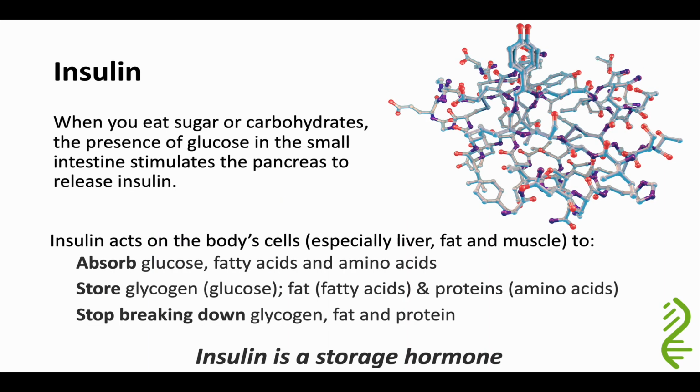And insulin, as we said, is the storage hormone, right? It's triggered by carbohydrate, but it's going to store everything. It's going to store fat, store protein, store the glucose. And it's going to stop you from breaking down the stored forms of fat, glucose, and protein.